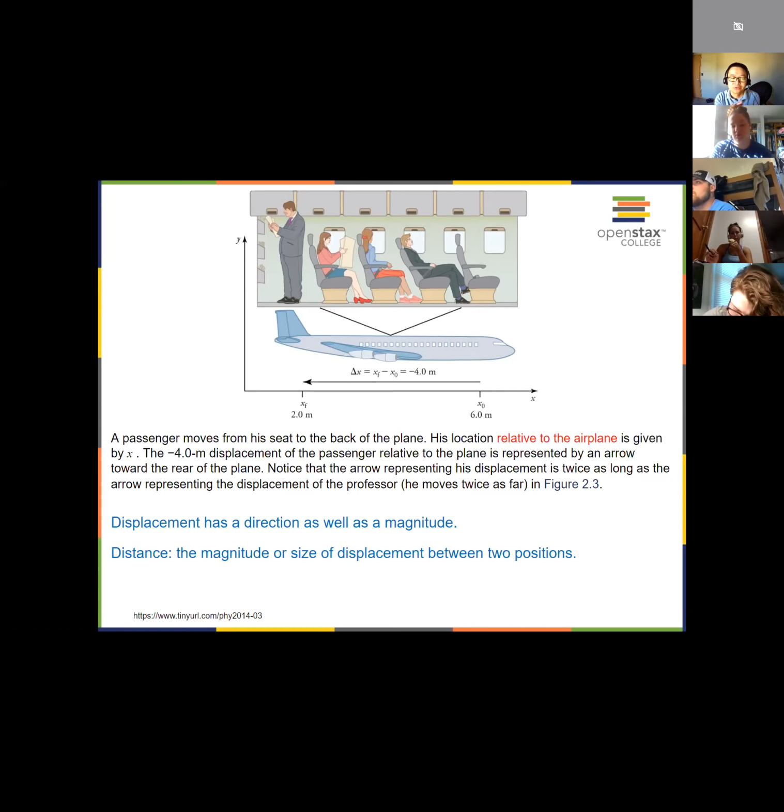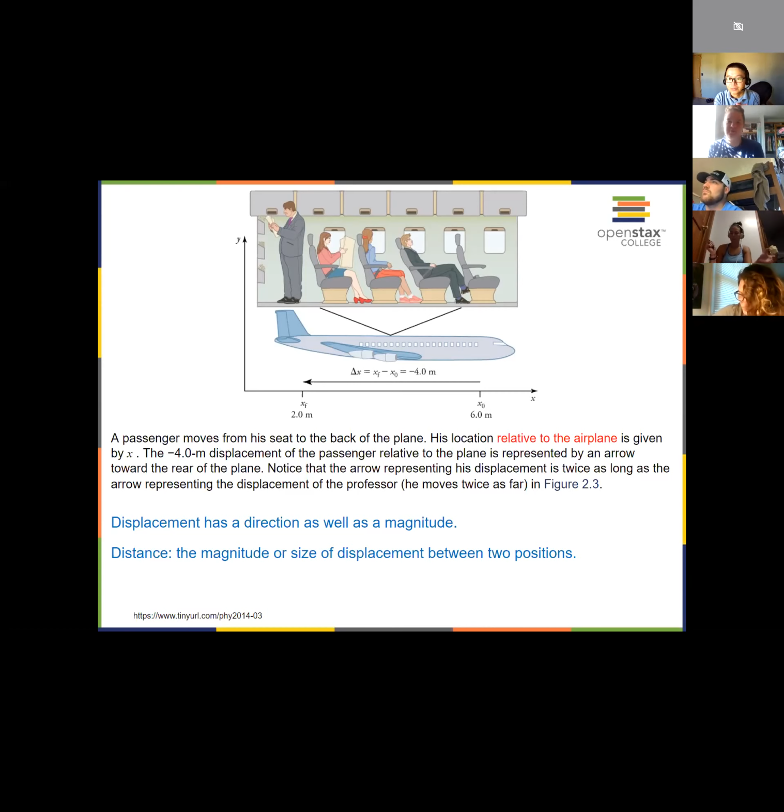So you can say 25 miles in the northeast direction. That's my displacement. So displacement has a direction as well as a magnitude.